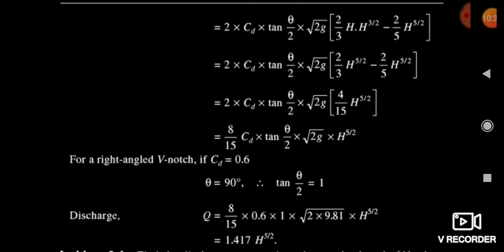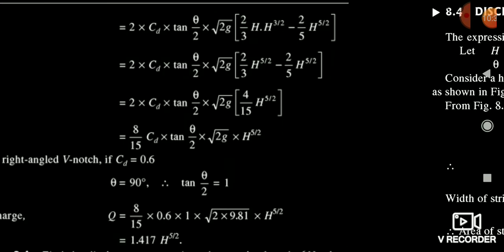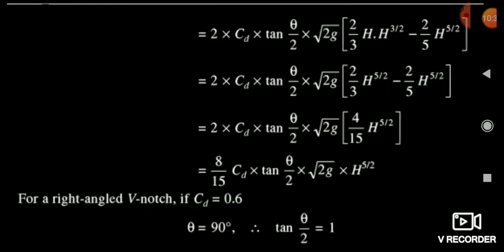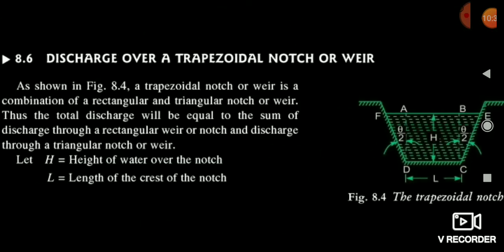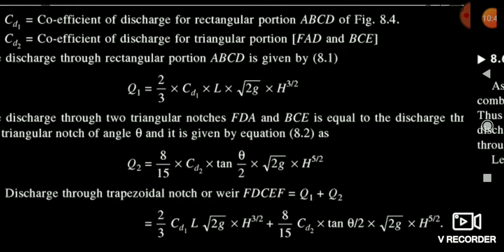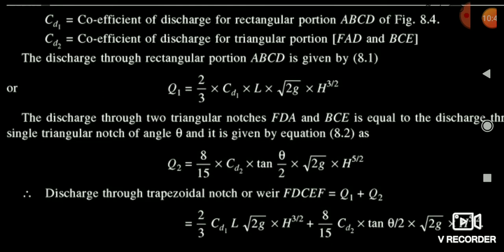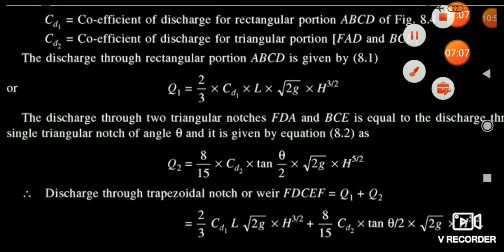Friends, we have derived this formula for the V shape triangular notch. So when you join both the triangles, you get a V shape triangular notch plus a rectangular notch. You add both, Q1 plus Q2. You can see here I have added and I have got the formula, that is our discharge for the trapezoidal notch.